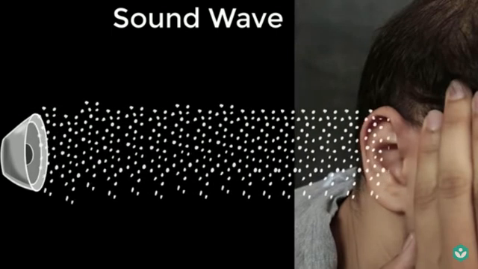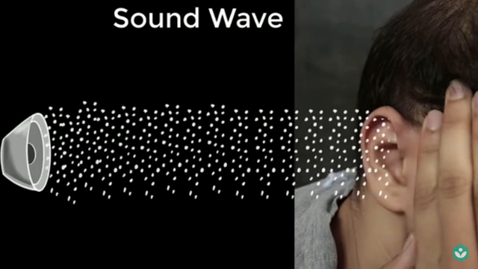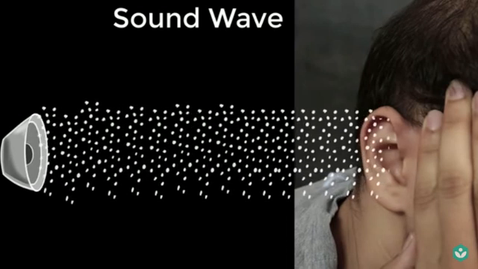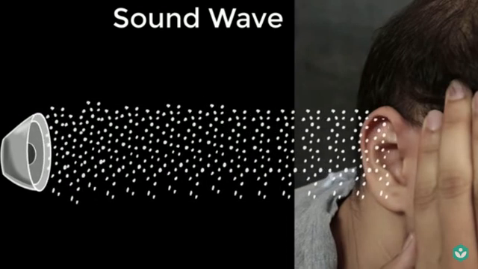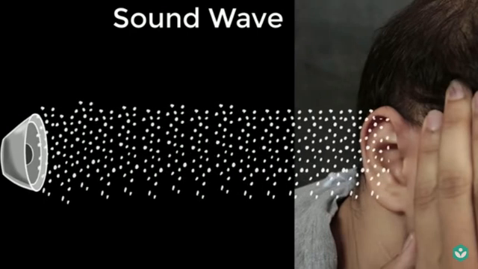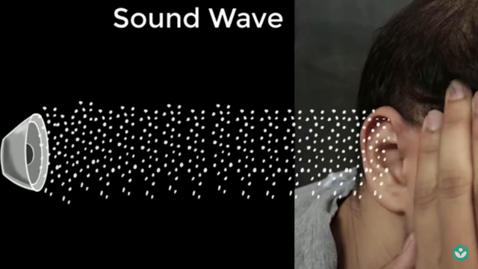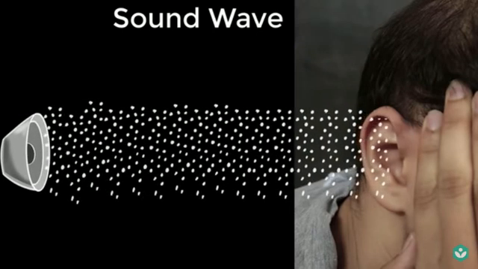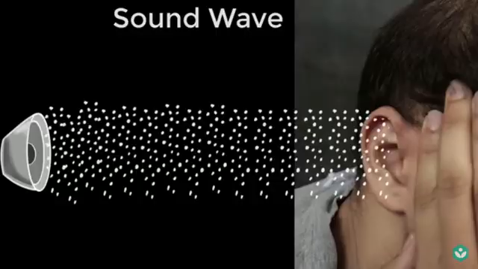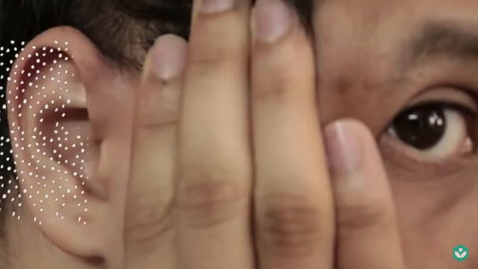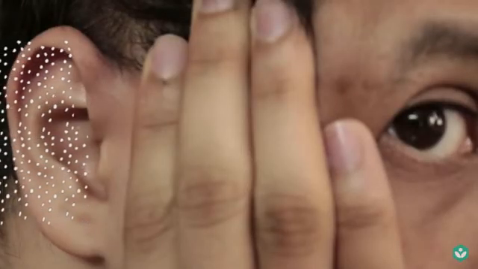But how does something as boring as air molecules going back and forth make us experience something like this? Well, for that, we need to look at our ear carefully. I mean the entire structure of the ear.